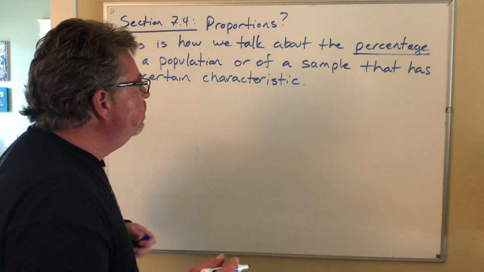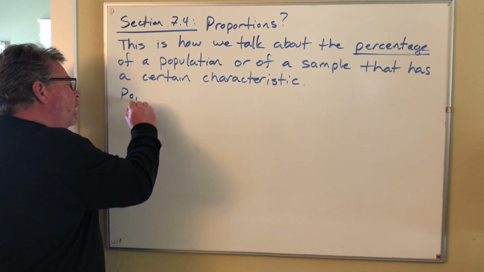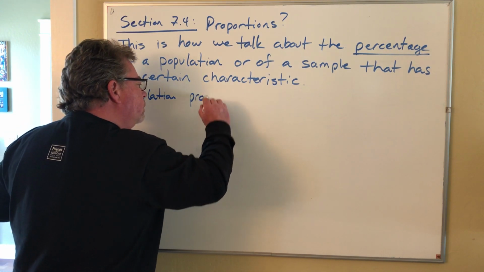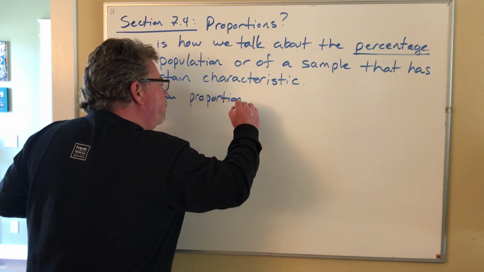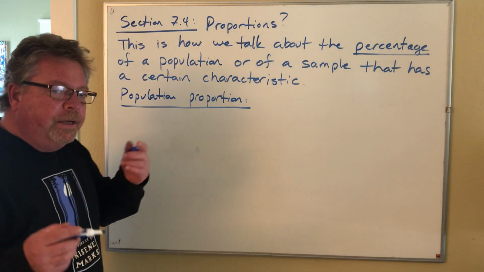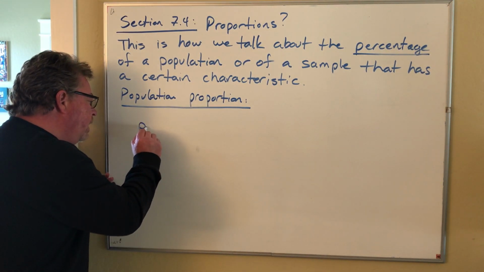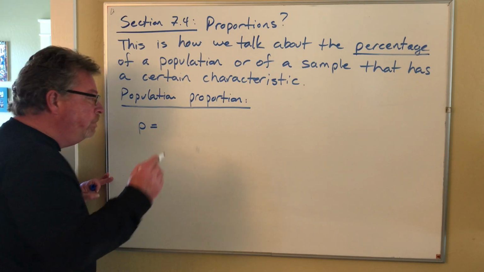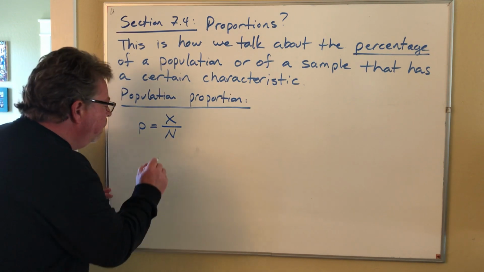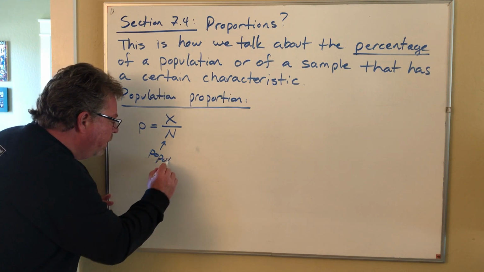So let's suppose that we're working with a population. Then we would be talking about the population proportion, which is simply the percentage of the population that has this characteristic. The notation here is a lowercase p. The calculation is quite simple. It's x divided by N. And we know from earlier work that capital N is our population size.